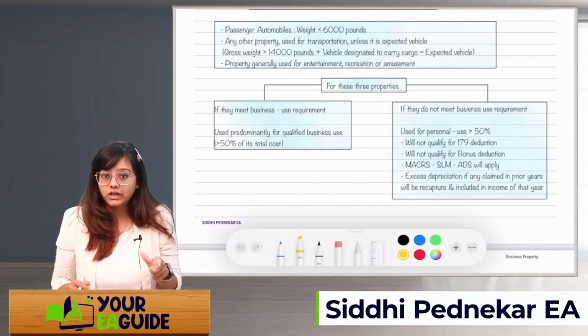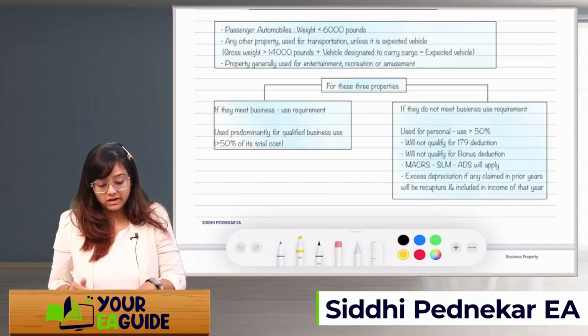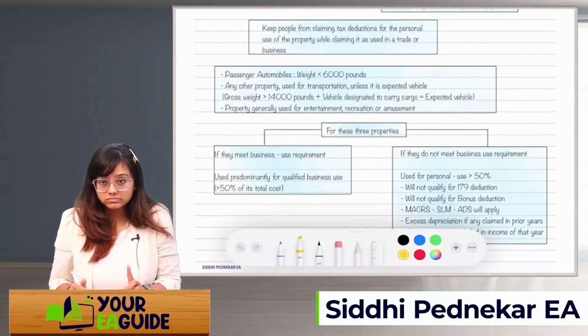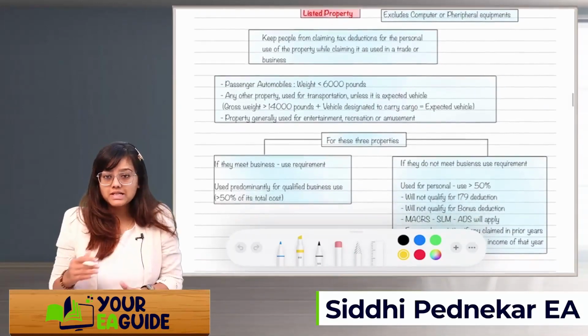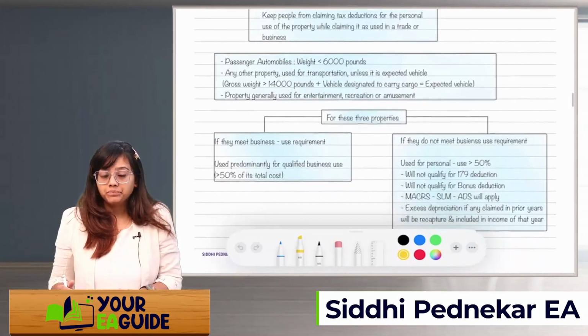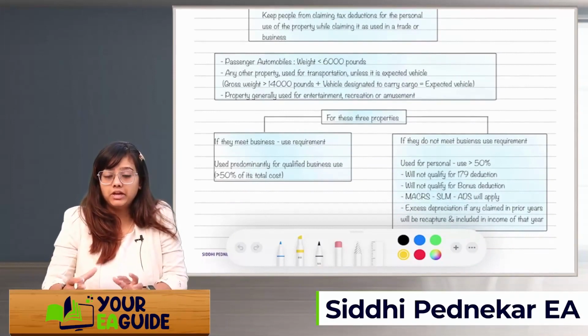So those types of vehicles with weight of more than 14,000 pounds are called excepted vehicles. And you cannot take 100% bonus depreciation on those types of vehicles, right? Because they will not be considered as listed property. Listed property: passenger automobile, and any other property used for transportation unless it is an excepted vehicle.